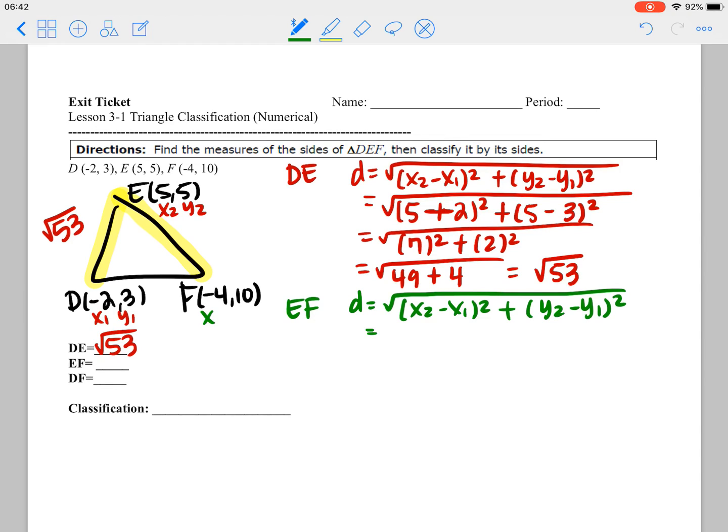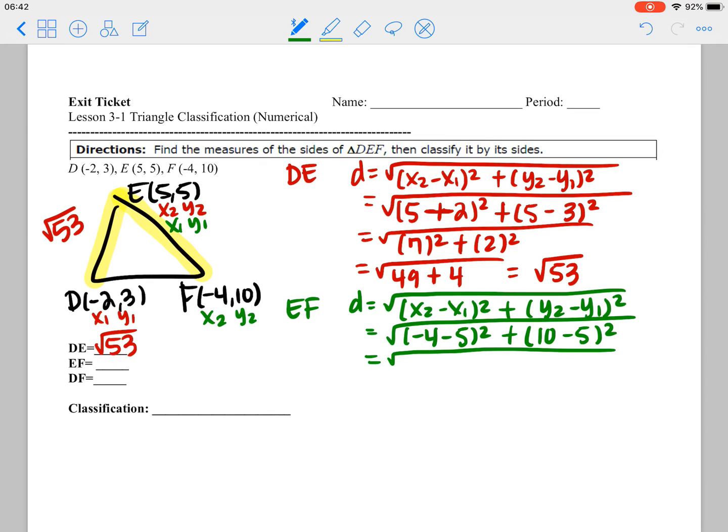This is x1, y1, and this is x2, y2. Come back and substitute. This is going to be negative 4 minus 5 squared plus 10 minus 5 squared. Here, negative 4 minus 5 gives me negative 9 squared, and 10 minus 5 gives me 5 squared.